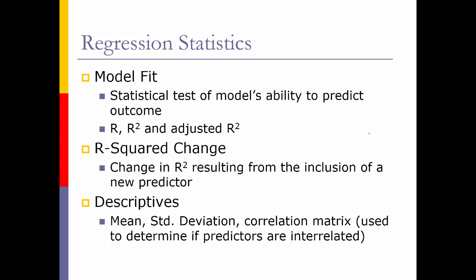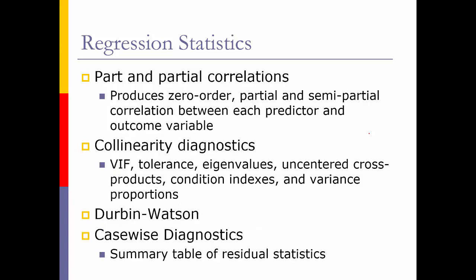Any descriptives that you ask for, such as the mean, standard deviation, and matrix, will be provided. You'll also get part and partial correlations. Your collinearity diagnostics will give you a ton of information. Durbin-Watson, again, that's your independence of errors. Your case-wise diagnostics will really give you all the information on your residual statistics.